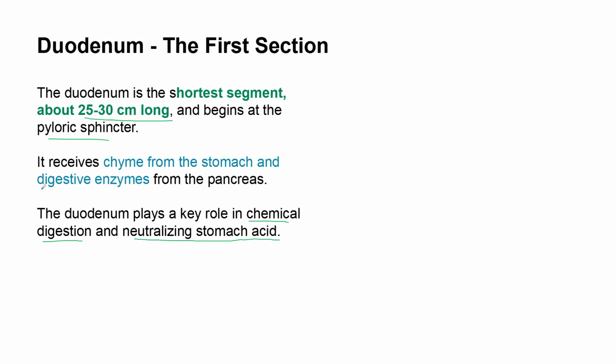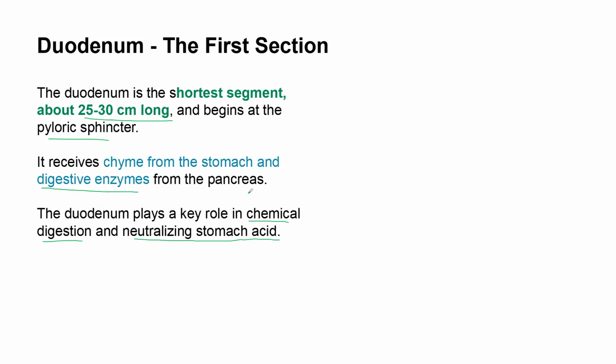And of course, remember we did the anatomy of the pancreas, where the pancreas has the ability to excrete enzymes and hormones. So it has both endocrine and exocrine activity.